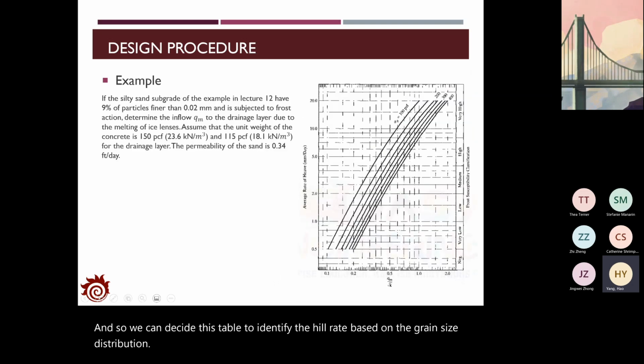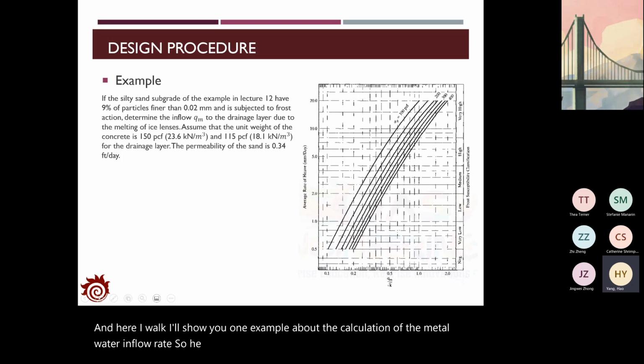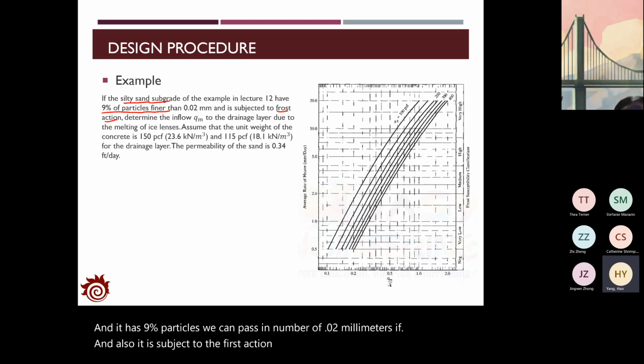And here I will show you one example about the calculation of the meltwater inflow rate. In this example, we are considering a sand subgrade, and it has 9% particles which can pass the 0.02 millimeter sieve, and also it's subject to the frost action. We want to find the value of the inflow rate, QM.